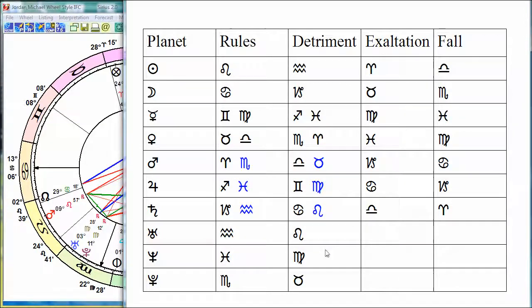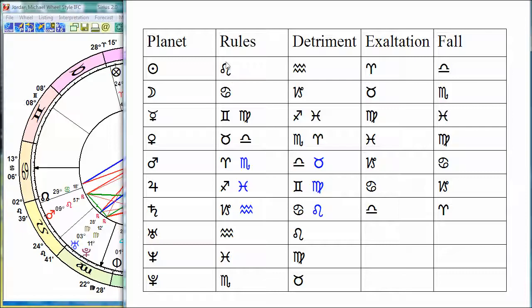So you get some variations and ideas from different astrologers. But all astrologers agree with the basic rulerships. Jupiter definitely rules Sagittarius. Does Jupiter also rule Pisces? Some astrologers say yes, some say no. Some say Jupiter rules Sagittarius and Pisces, and Neptune also rules Pisces.